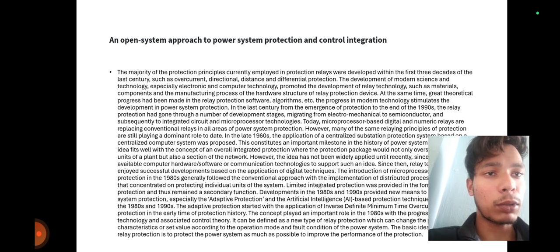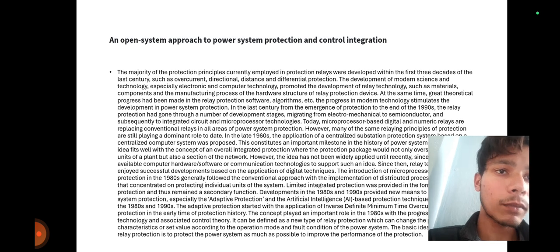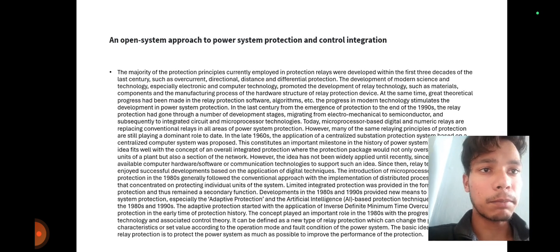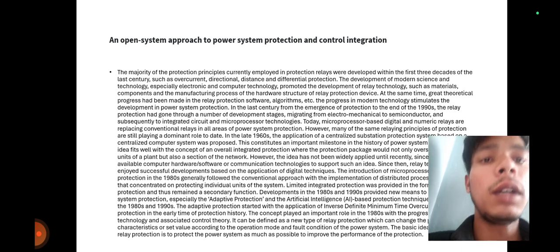Today, microprocessor based digital and numeric relays are replacing conventional relays in all areas of power system protection. However, many of the same relaying principles of protection are still playing a dominant role to date.